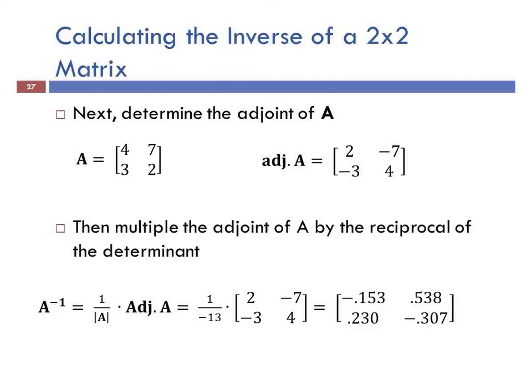And since we're multiplying by a scalar, we multiply 1 over 13 by 2, and 1 over 13 by negative 7, and so on. And what you'll see that comes out to be, in decimal format, negative 0.153, 0.538, 0.230, and 0.307. And that is the inverse of A.